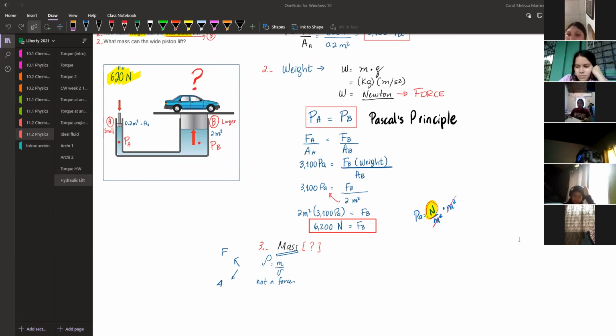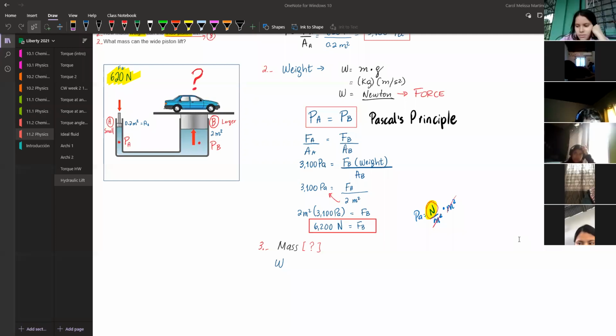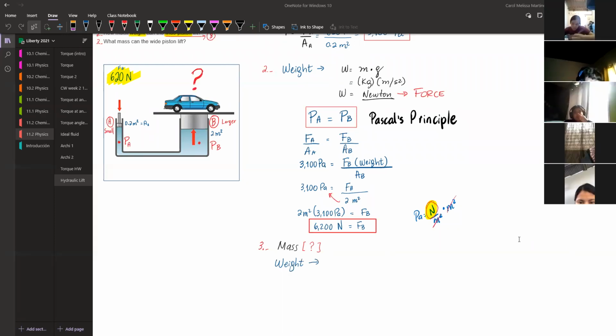The weight. Exactly, the weight, okay? So, if you know the weight, you know that the weight is calculated as mass times gravity, okay?